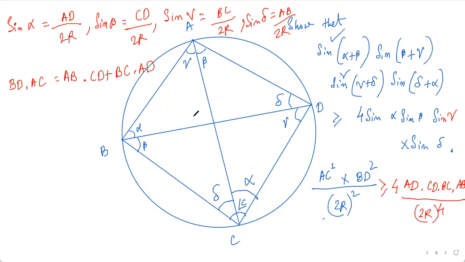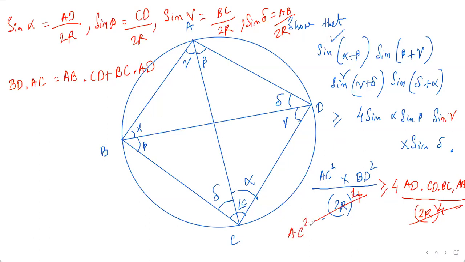I think I made a mistake there. Both sides should be power 4, so that's a product of the four. All those four were having 2R each, so this is getting cancelled out.